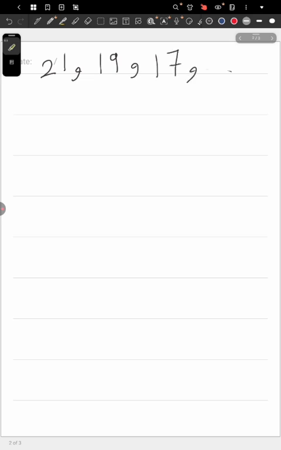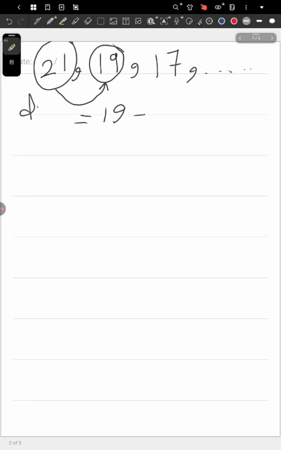This sequence is decreasing. Why decreasing? The first is 21 and the second is 19, so the terms decrease from 21 to 19.